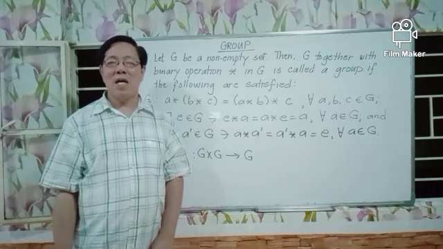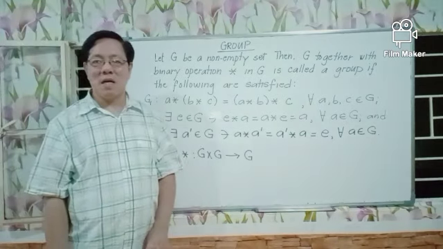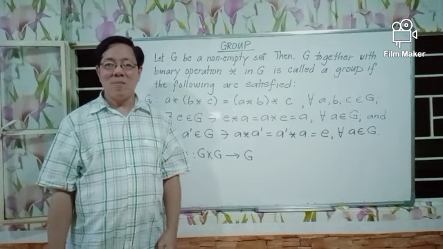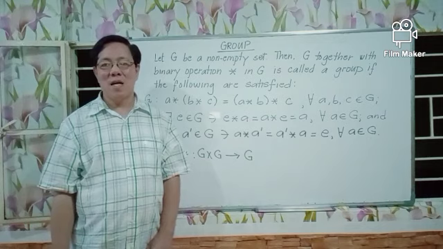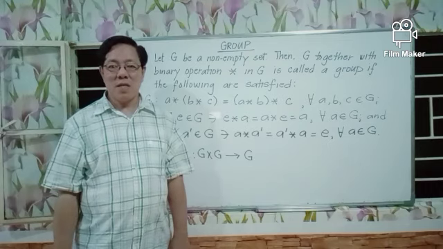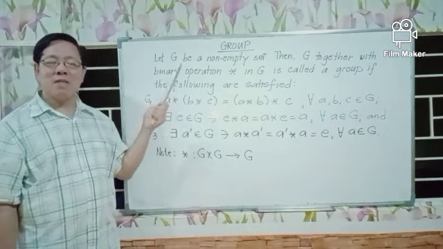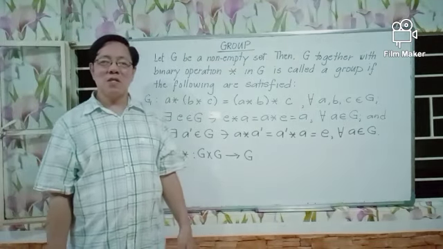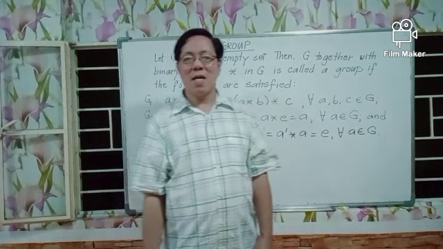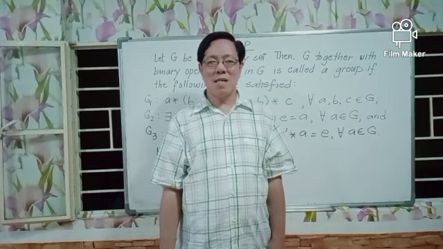If at least one of these properties is not satisfied, then the given non-empty set with the binary operation is not a group. If all the properties are satisfied, then you can conclude that the non-empty set together with the binary operation is a group.